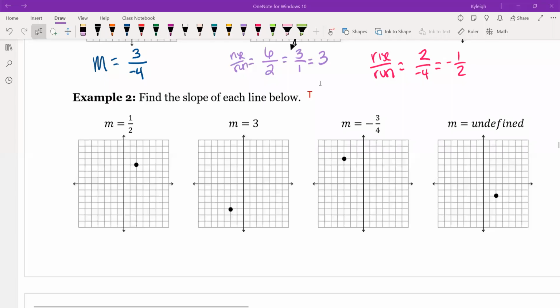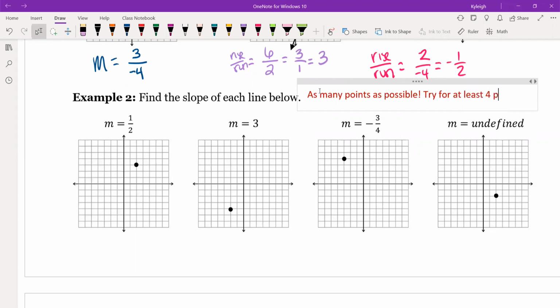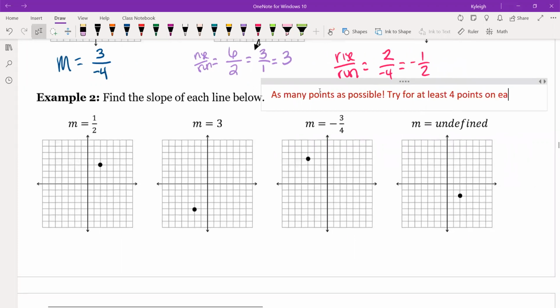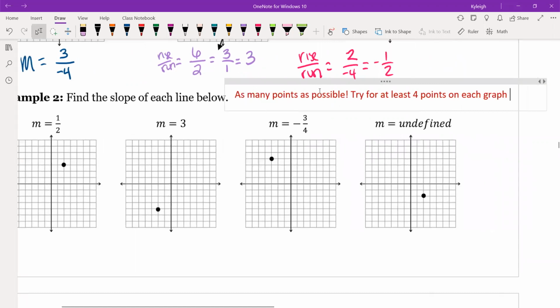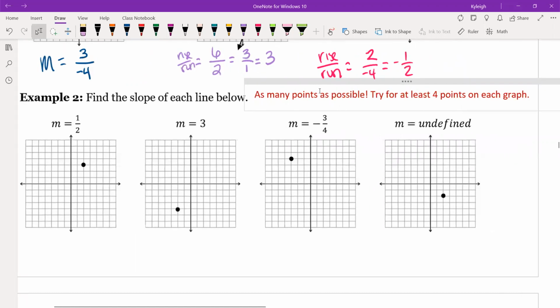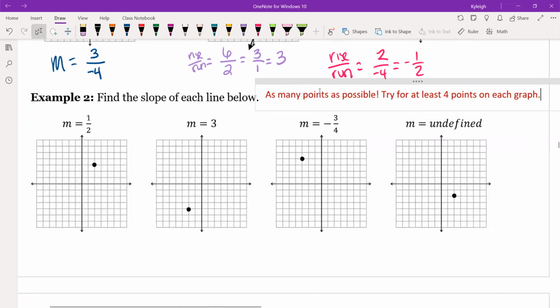What's really important is that we plot as many points as possible. We're hoping to try for at least 4 points on each graph. Sometimes we won't be able to do that, and that's okay.